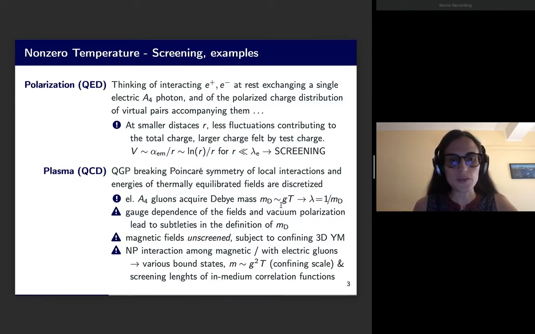To that, we need to add that the non-perturbative interactions among magnetic or with electric gluons produce various bound states with masses going parametrically like g squared times T, what we call the confining scale, and as a consequence, various screening lengths of in-medium correlation functions.